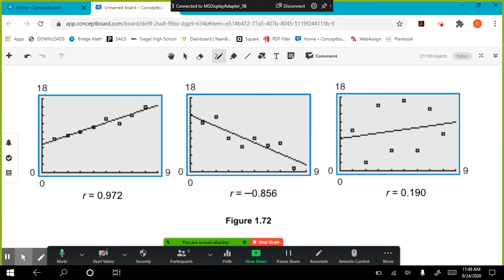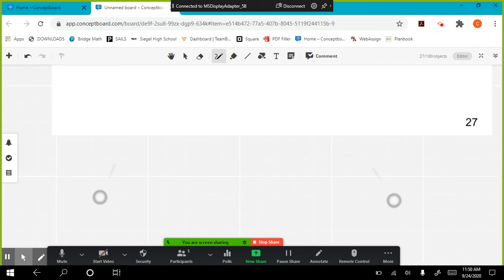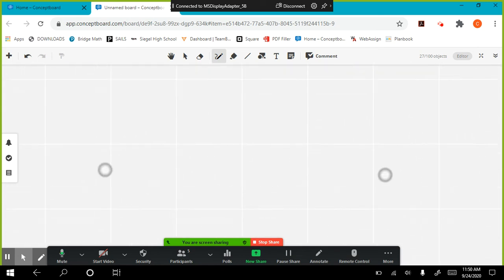These points aren't lined up as well, but they still are in a decent line. I could get a decent projection out of that. It's negative 0.856. And then notice when it is 0.19, they're scattered all over the place. I'm not really getting any kind of good prediction from that at all. And I believe that's it.